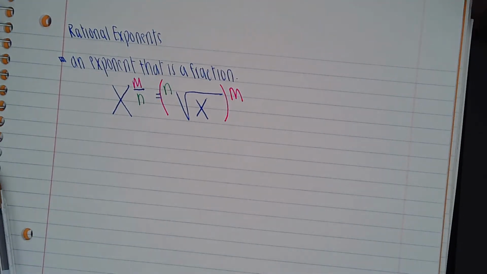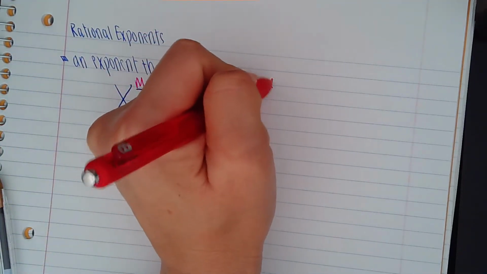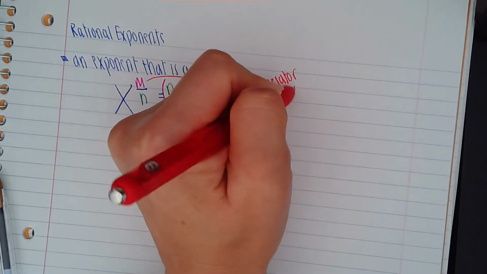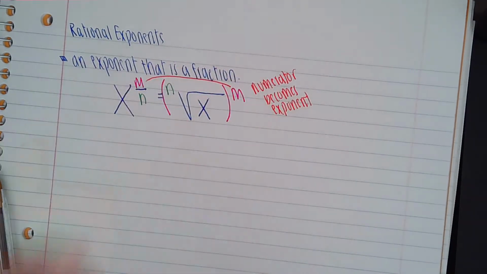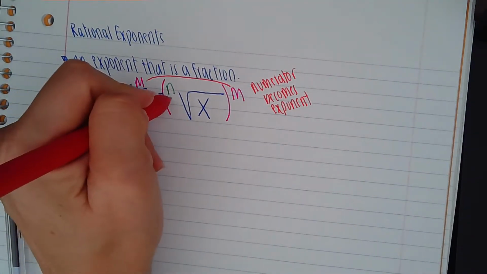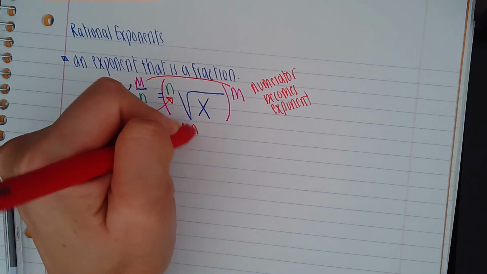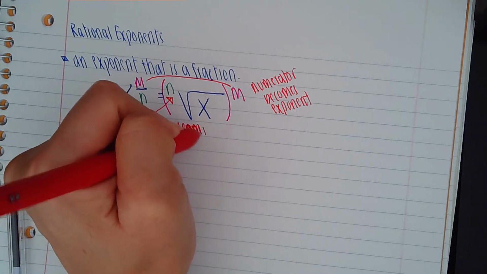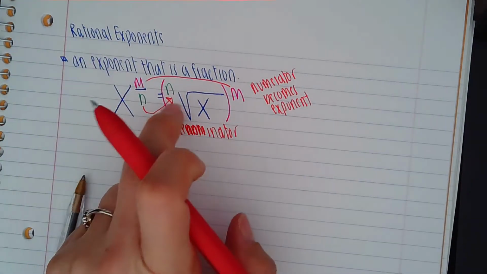So if we want to think about it like this, the numerator becomes the exponent, and the denominator, I just butchered the spelling on that one, becomes the index number, right?